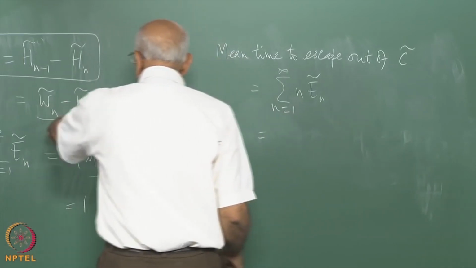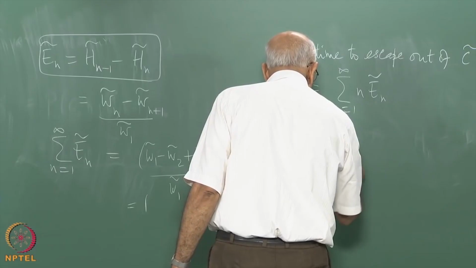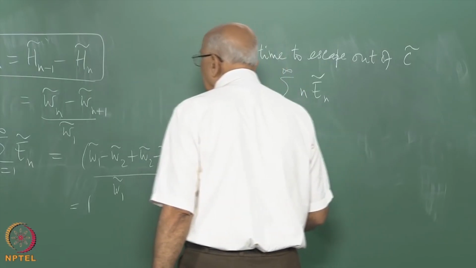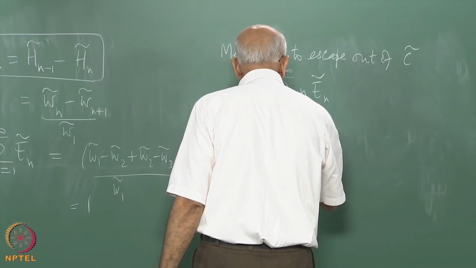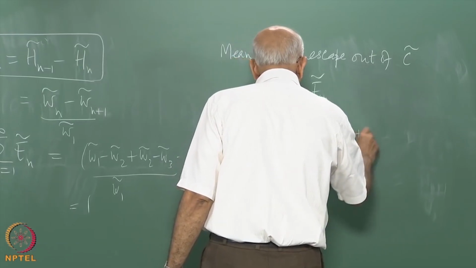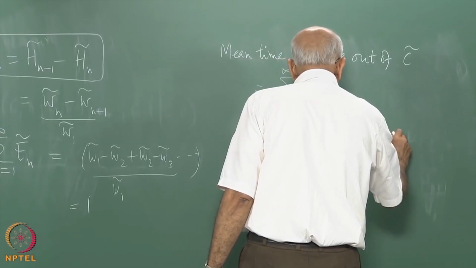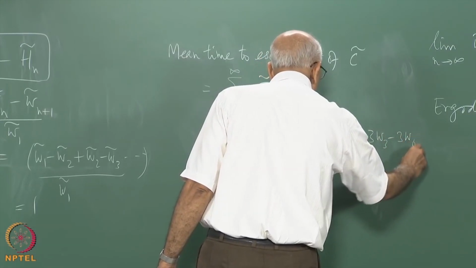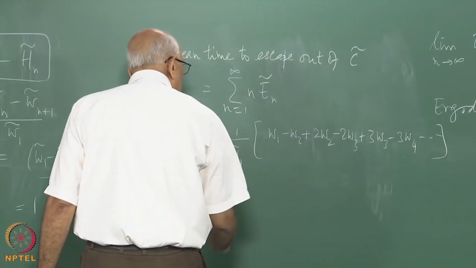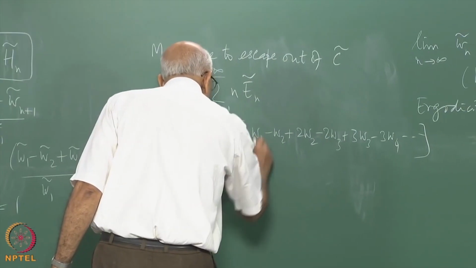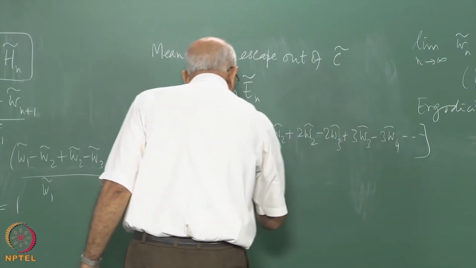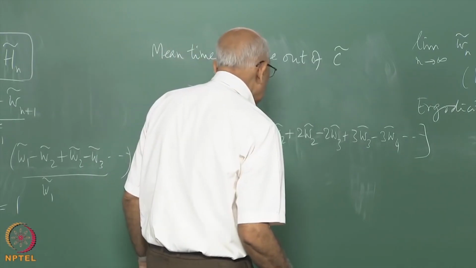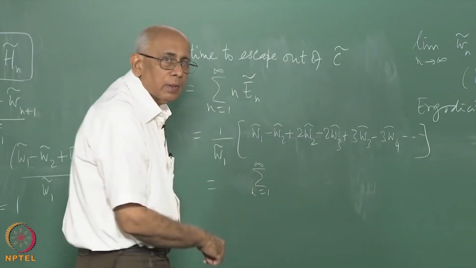which is equal to, well, we have a formula here, so it is equal to 1 over W1 tilde times 1 times, if I write this properly, E1 is W1 minus W2, so it is plus twice W2 minus twice W3 plus thrice W3 minus thrice W4, right, which is equal to W1 tildes everywhere, which is equal to summation n equal to 1 to infinity, because you can see that each time it is going to be one shot of complete cancellation.